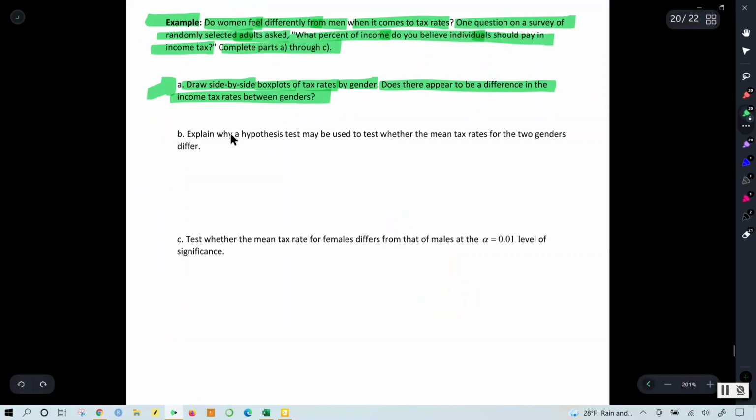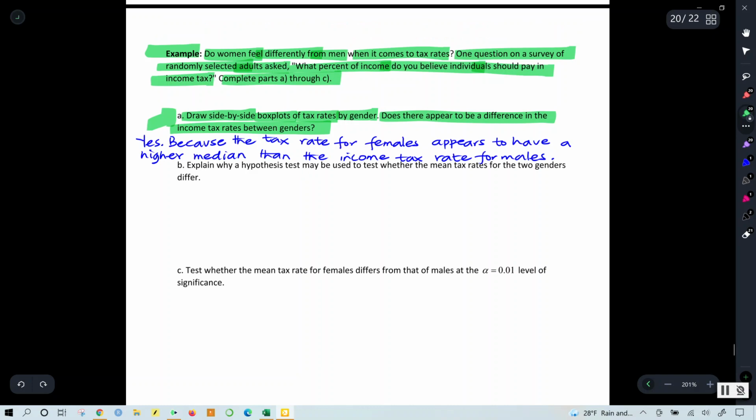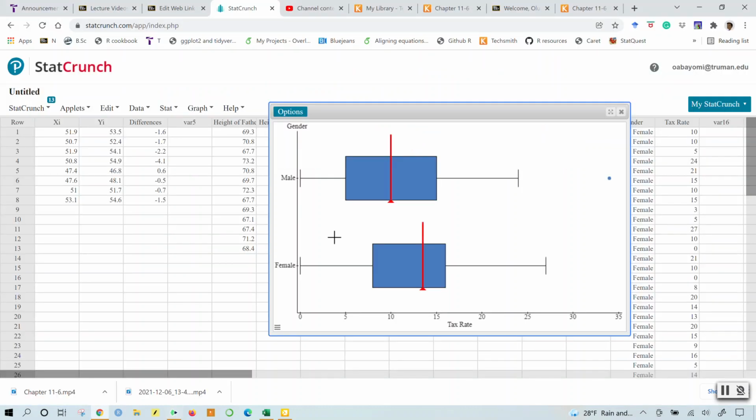Based on what we saw in the side-by-side box plots, we can say that yes, there appears to be a difference in income tax rates between genders. That is because the tax rate for females appears to have a higher median than the income tax rates for males. Just one more time, females tend to have a higher tax rate than males.